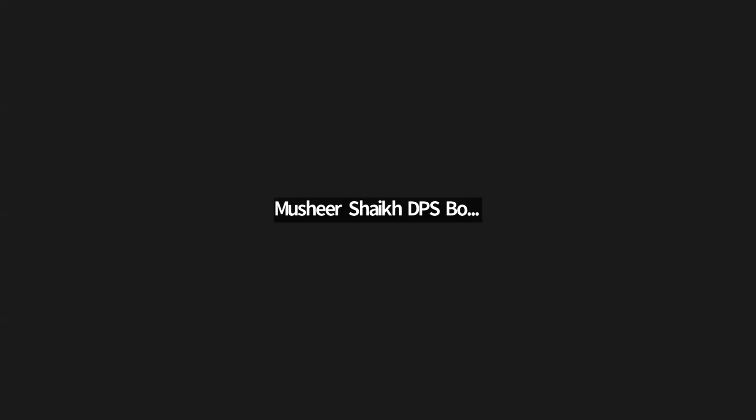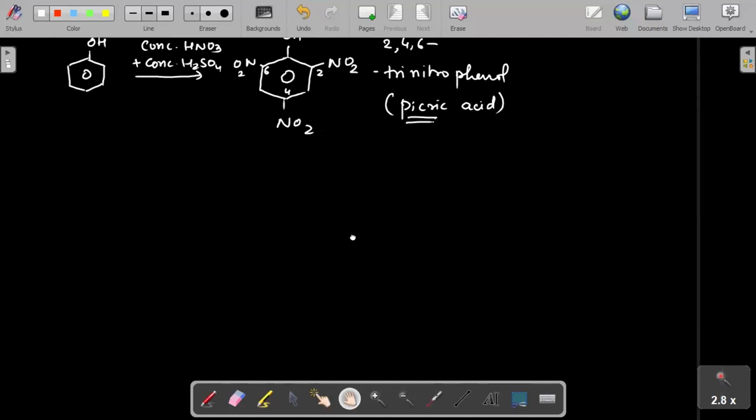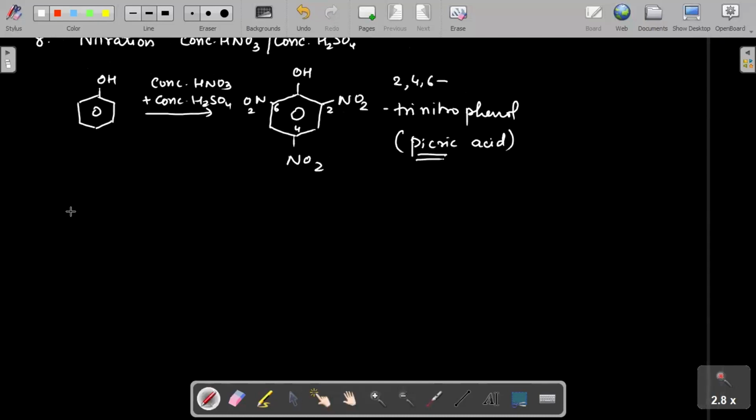Let us go with the next reaction, that is bromination. What will happen if phenol is subjected to bromine? Phenol on bromination. So when we are using Br2, we have to take bromine in some non-polar solvent like CS2, carbon disulfide.